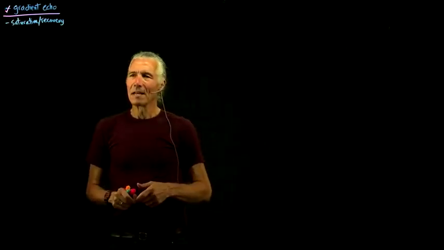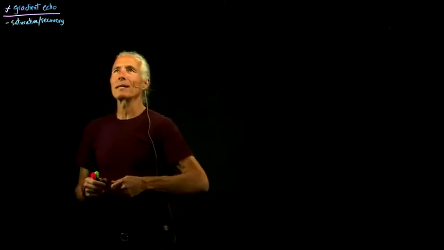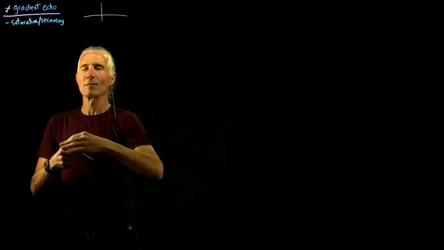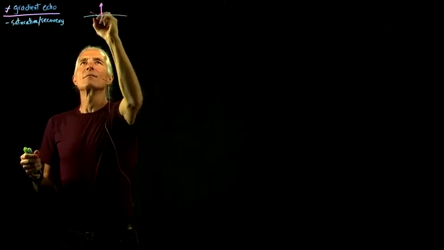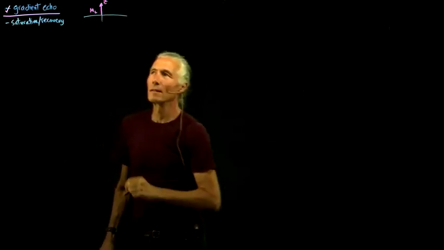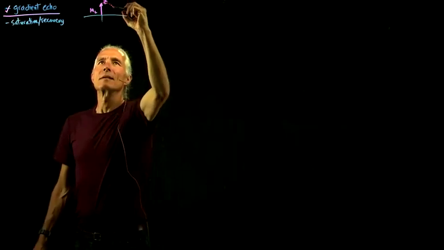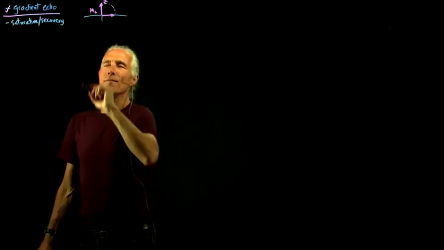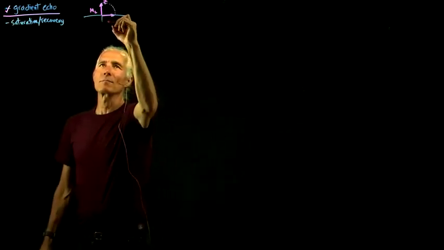And how do you do that? We do that by basically just doing a 90 degree flip. If we start off with this amount of longitudinal magnetization in the z direction, and we do a 90 degree flip, a 90 degree flip will turn all of that longitudinal magnetization into transverse magnetization.